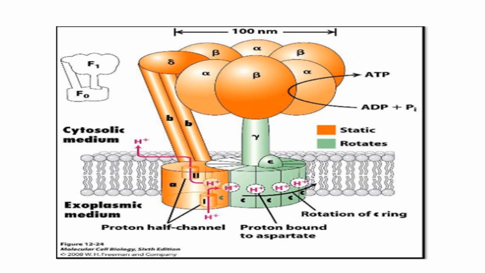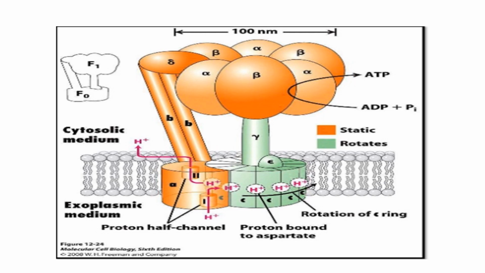Coming to the F0 structure, it is inserted in the membrane. You have the subunits called A, B, C. Many C subunits, nearly 6 to 15, exist depending on the type of organism, to which A and B subunits are also attached.